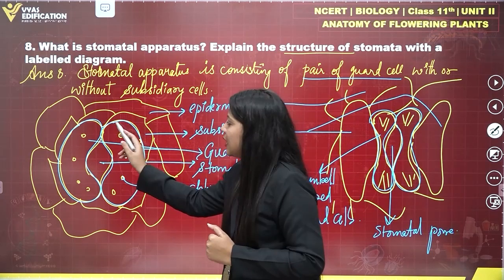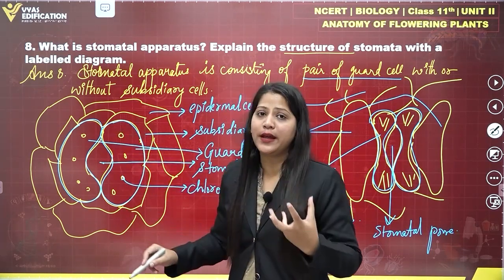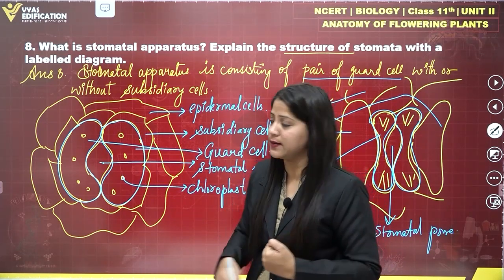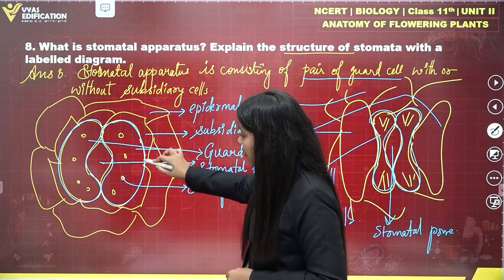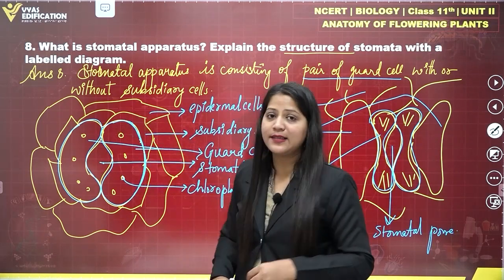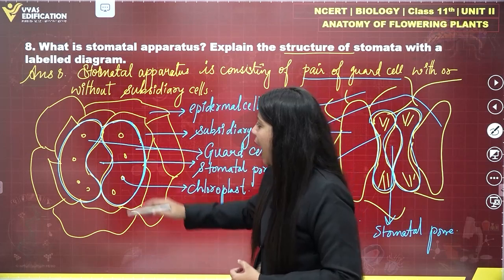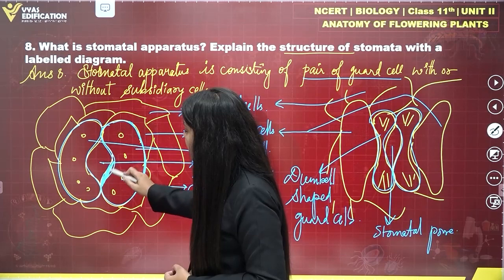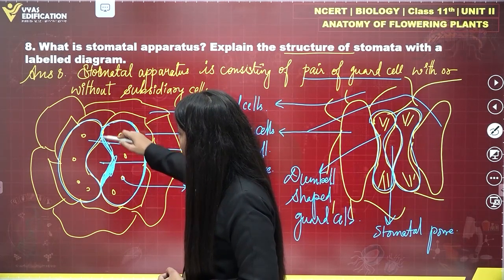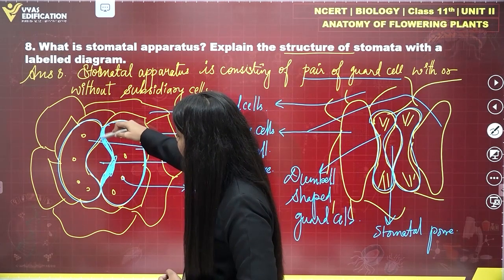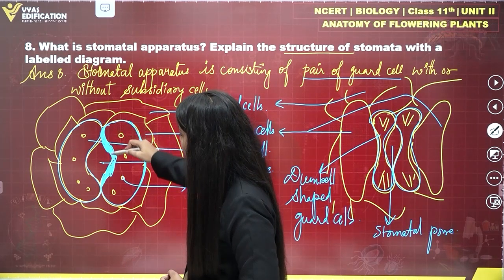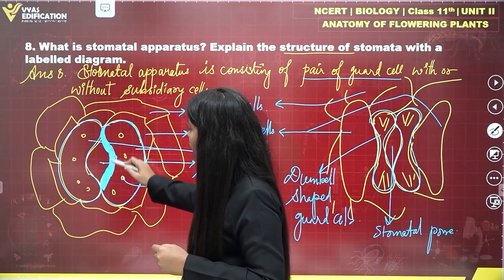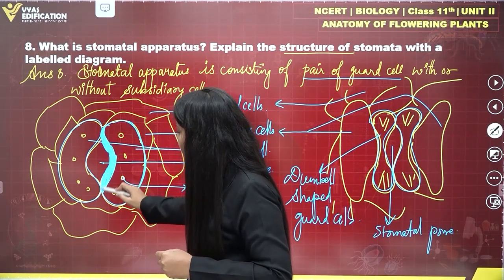You will see guard cells have two layers, thick walled layers and thin walled layers. This layer of the guard cell is known as the thin walled layer, and this inner portion, which is present near the pore, is thick walled. In both cases, one layer is thick walled and one layer is thin walled.